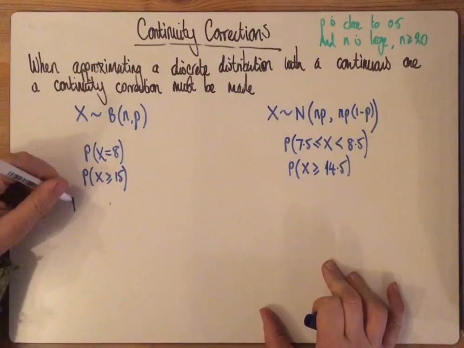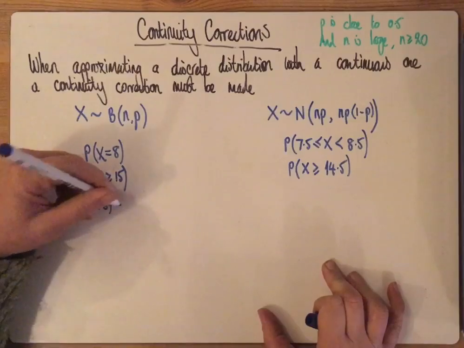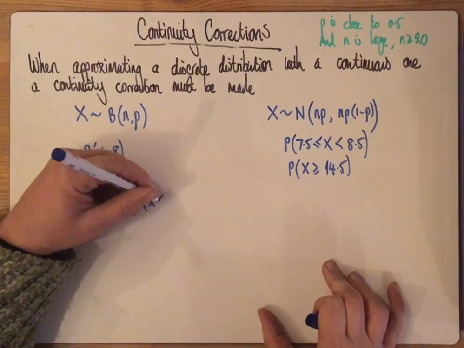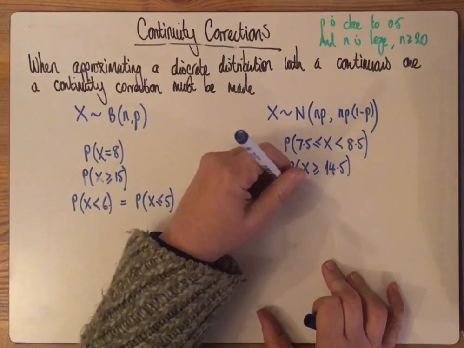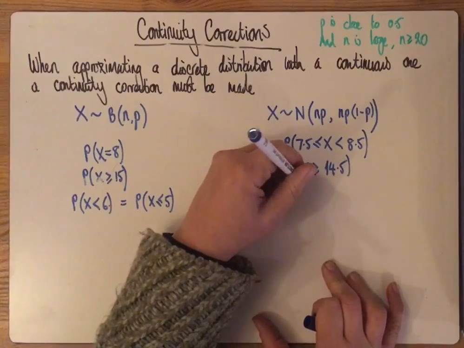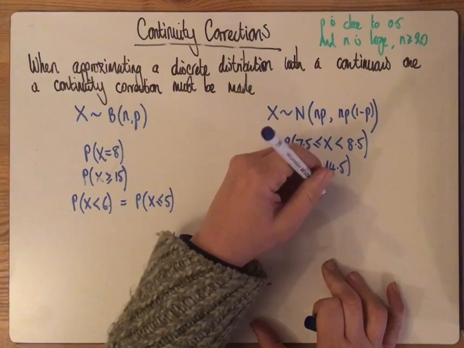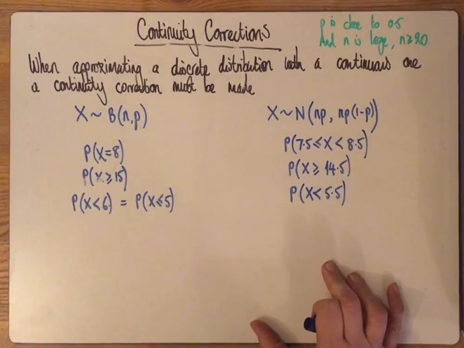You need to be a little bit careful with less than. So if x is less than 6 in the binomial, that's the same as saying that x is less than or equal to 5. So just to remind you. And so here x is less than 5.5 to get numbers that are rounding to 5 or less.